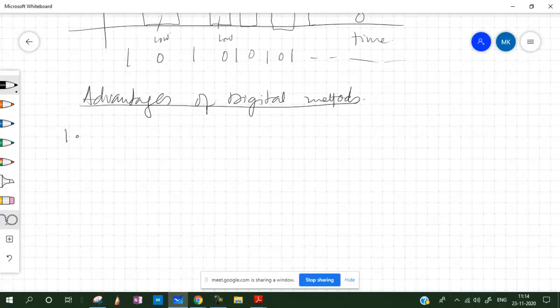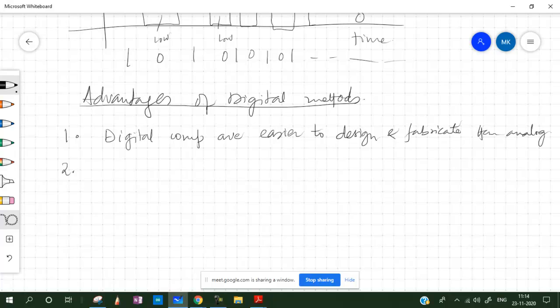The digital electronic components are generally easier to design and fabricate than analog ones.